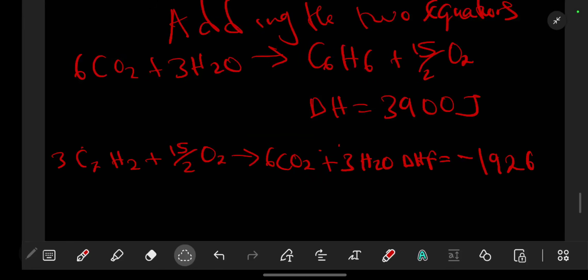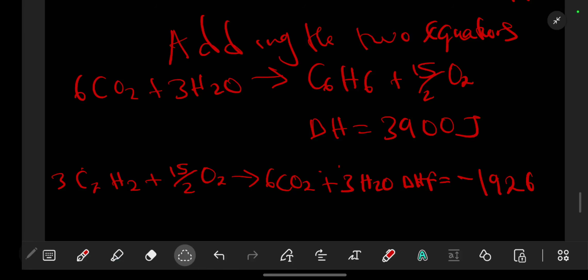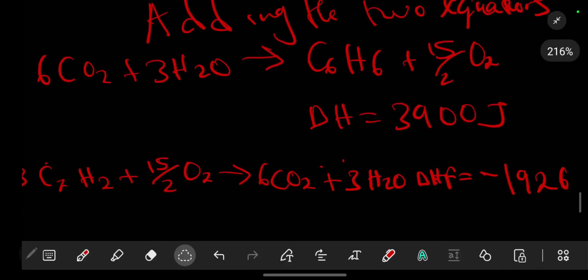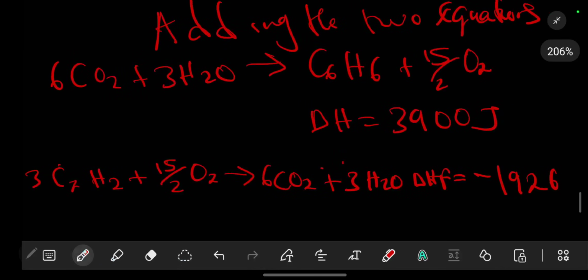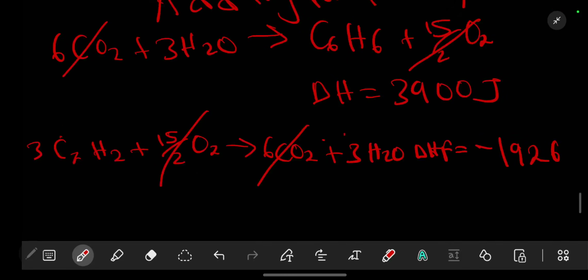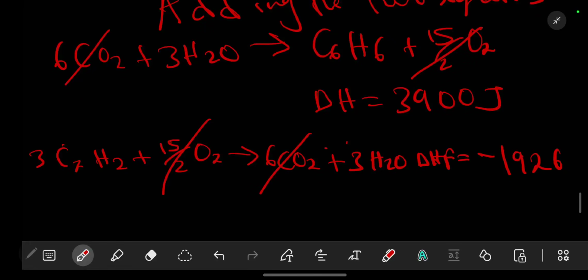So we have what is common here, we cancel. We have 6 carbon dioxide, so this and this cancel. What else is common? Oxygen, we have 15 here and 15 here. So those are the 2 things that are common. Even water is common.